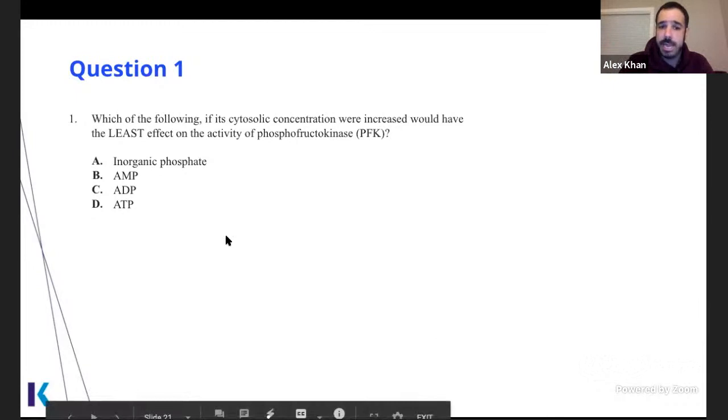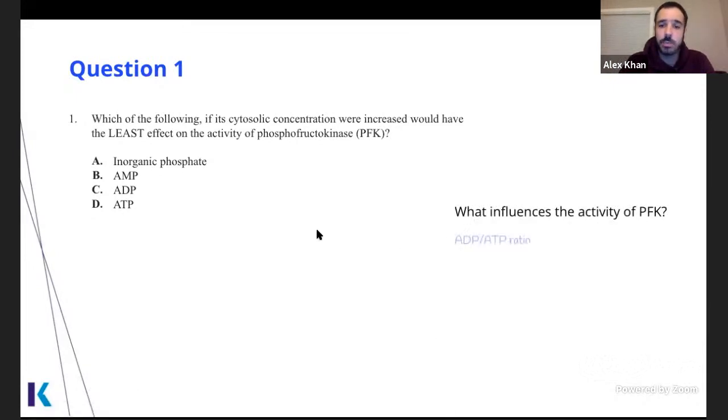If we look at these, we're looking for something about the ADP to ATP ratio, molecules associated with low energy stores versus high energy stores.